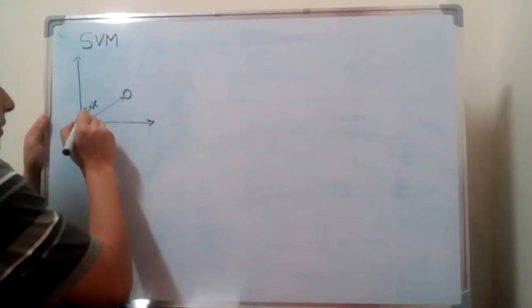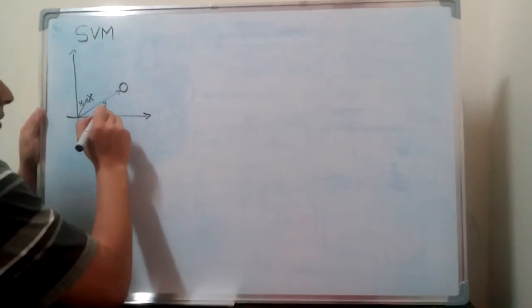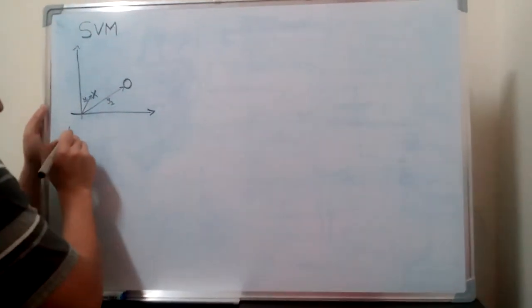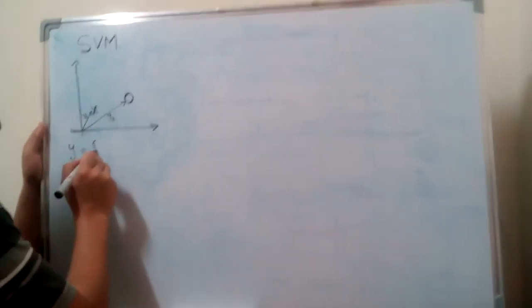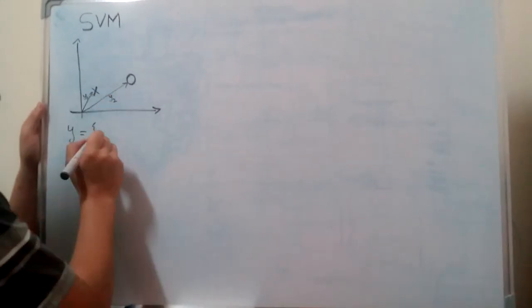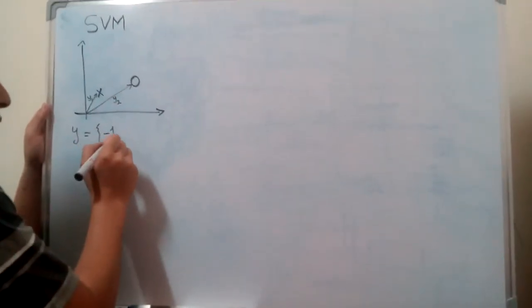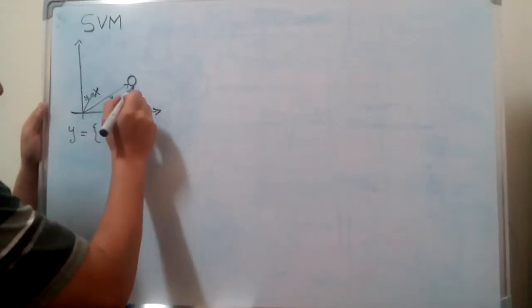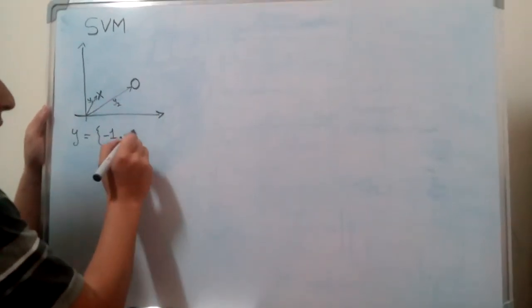This one is y1, this one is y2. So y in our case takes two values. If the sample belongs to the first class, then y would be minus 1. If the sample on the other hand belongs to the second class, y will be plus 1.